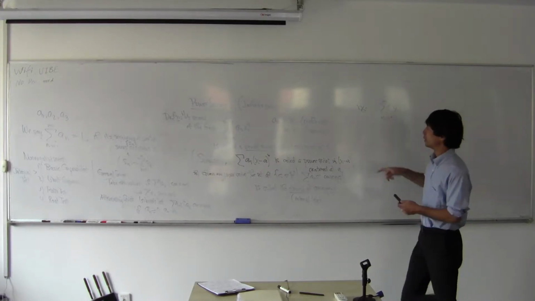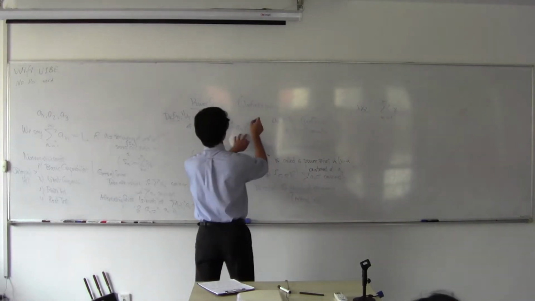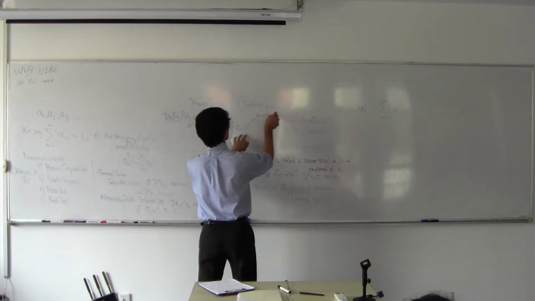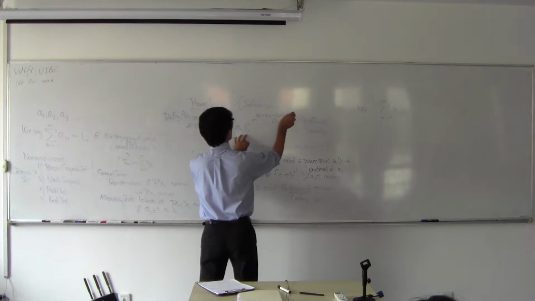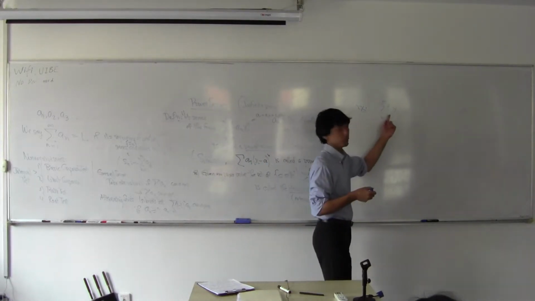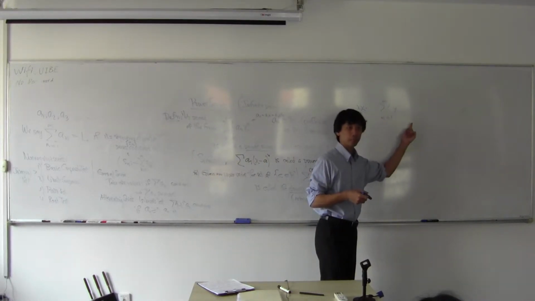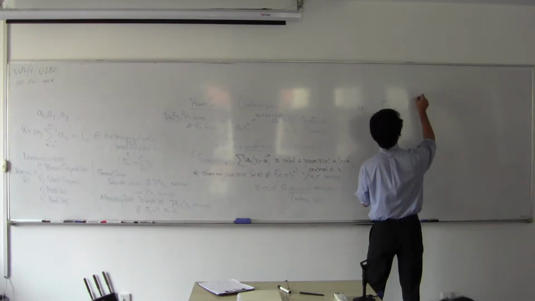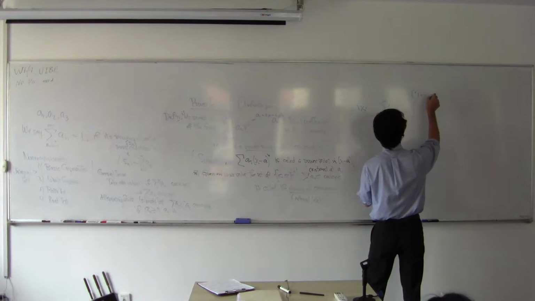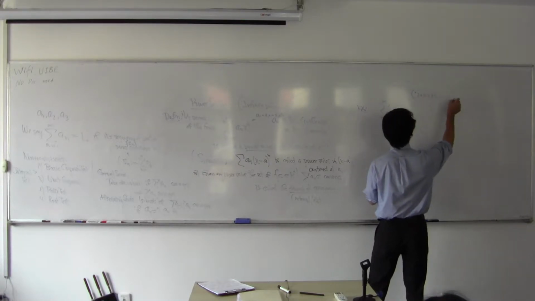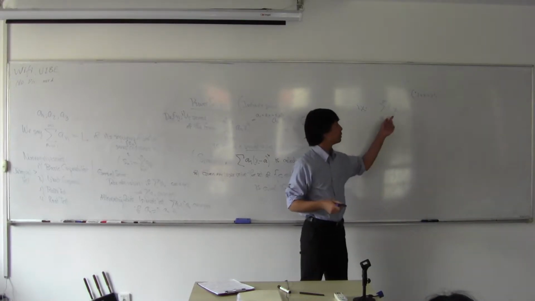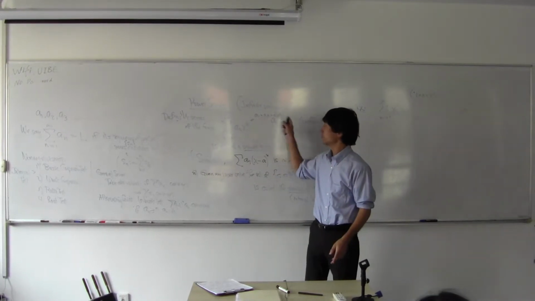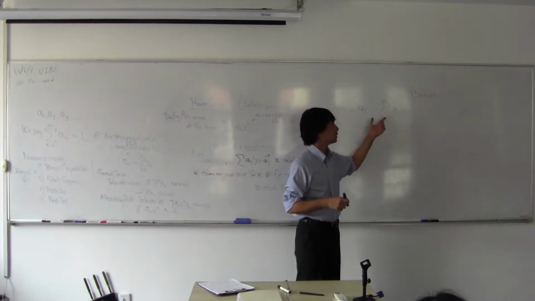You think of this as a0 plus a1x plus a2x squared plus and so on. Sometimes people write it out like this. What they really mean is this.